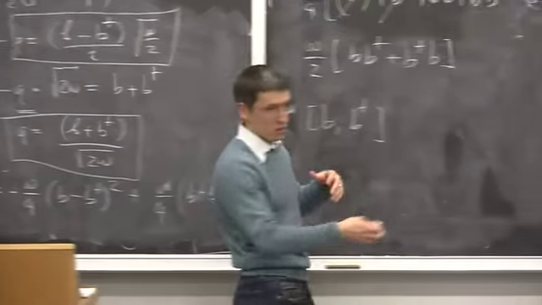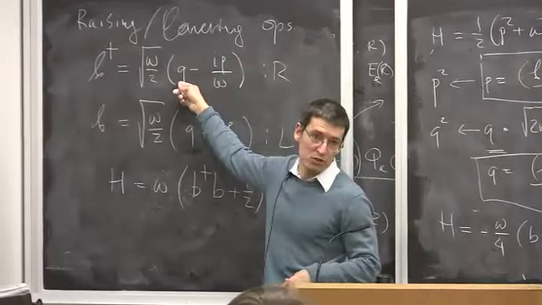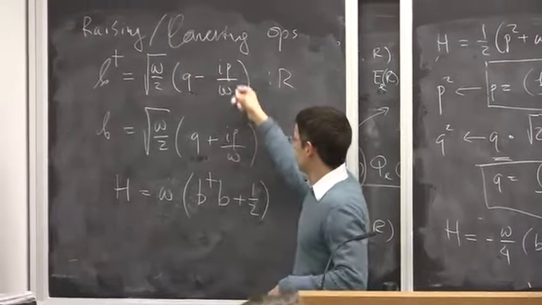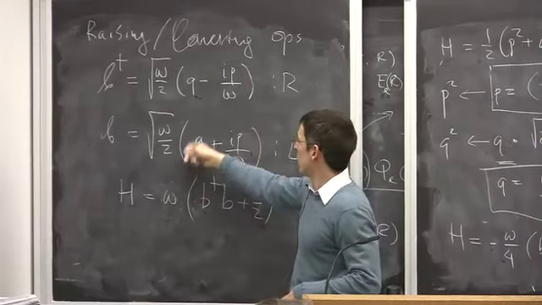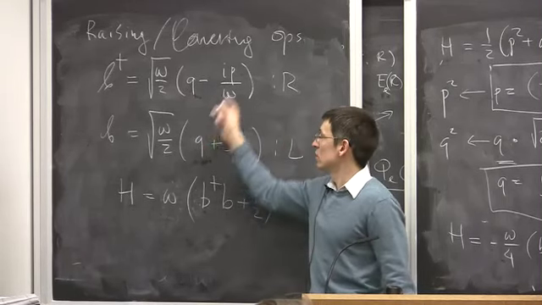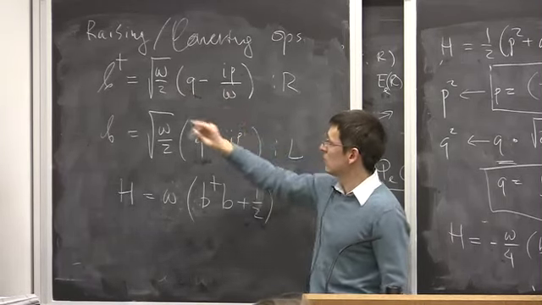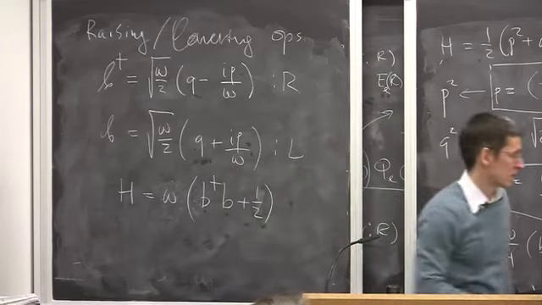Position in b will commute with position in b dagger, and momentum in b dagger will commute with momentum in b, right? But there will be commutators between the q in b and p in b dagger, and p in b and q in b dagger.